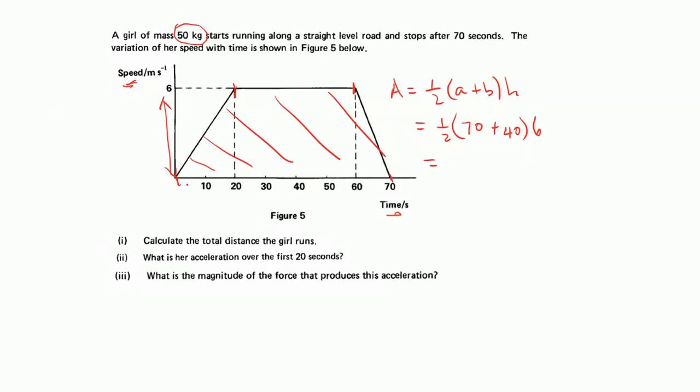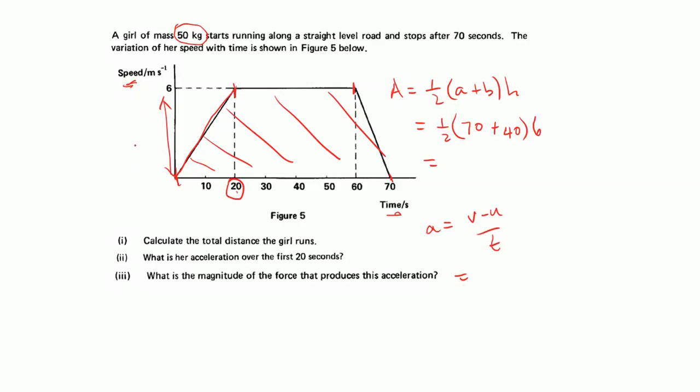Now the second part of the question asks, what is acceleration in the first 20 seconds? Now in order to determine acceleration from a speed time graph or a velocity time graph, we need to find the slope. So we're looking at the first 20 seconds, right? So we want to get the slope of this line here, right? So acceleration is simply v minus u over t.